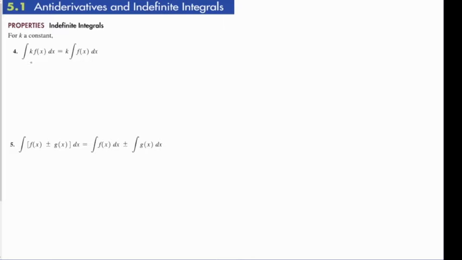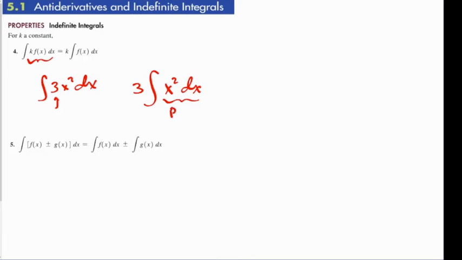And to continue with our rules and properties, we see that if there is a constant multiple of a function, just to give you a concrete example, if I had the integral of 3x squared dx, I can take that constant and move it out front and focus on the x squared dx. We've done this with constants throughout the entire course, whether we were talking about limits or derivatives, and now we're talking about it with antiderivatives. So constants can be moved outside of the operator, and then we can look at the simpler function.